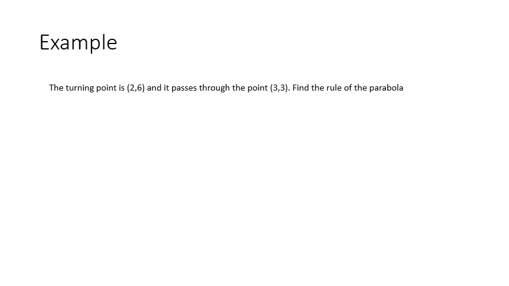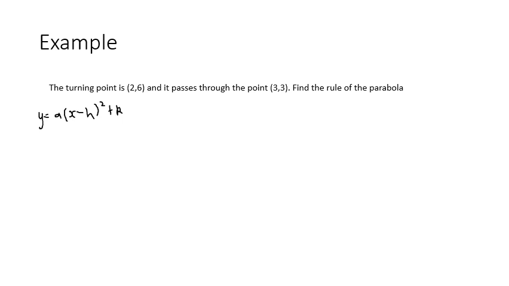So here the turning point is (2, 6), and it passes through the point (3, 3), and we need to find the rule of the parabola. So first, let's write out our equation we're going to use. Because we know the turning point and it passes through the point, this tells us that we want to use the turning point form. So y is equal to a brackets x minus h squared plus k.